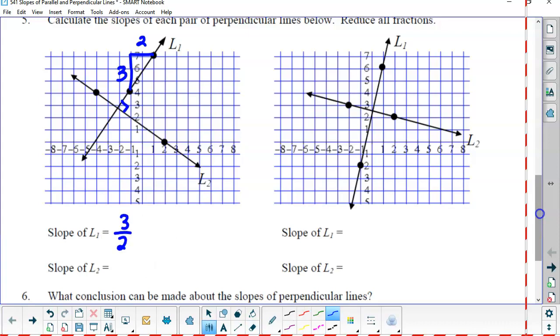For L2, use the points given from the left point to the right point. 1, 2, 3, 4, down 4. 1, 2, 3, 4, 5, 6, to the right 6. And reduce it. Do the same for the next diagram. Slope of L1, slope of L2.